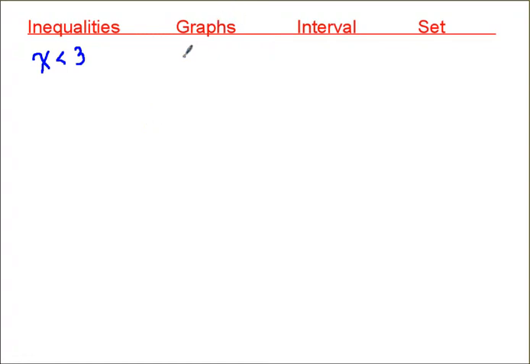When we graph this, we would generally put it on a number line. I make my number line here. What you've seen before is that we would use an open circle to let us know that the 3 is not included. But in this case, we're going to do things a little differently, and we're going to use a parenthesis to show it's not included.